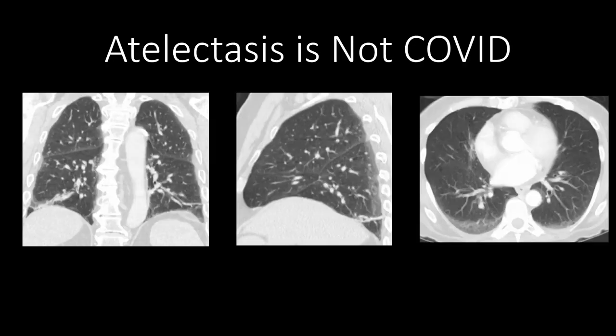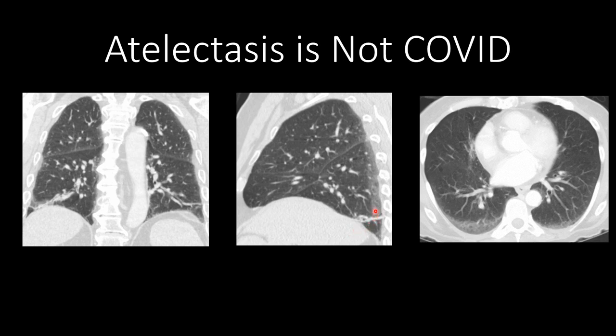Now let's talk about some pitfalls to avoid. We need to make sure that we are not calling atelectasis organizing pneumonia, viral pneumonia, or raising the concern for COVID. Atelectasis can have linear opacities. These linear opacities tend to be in the dependent portions of the lungs and in the lower lobes, and they are often due to poor inspiratory effort.